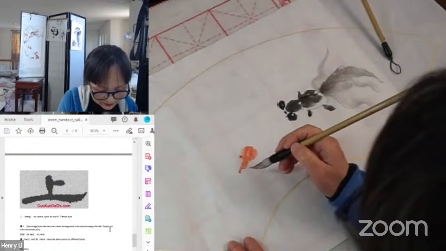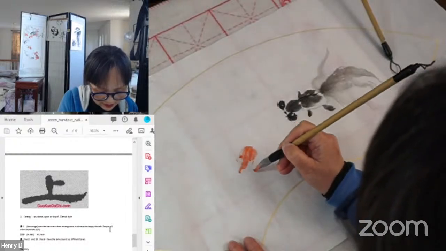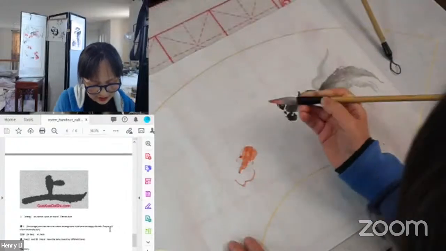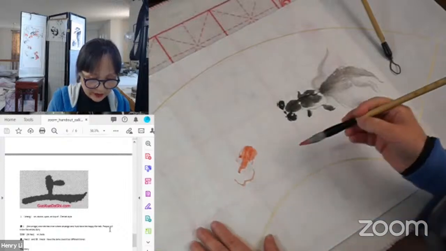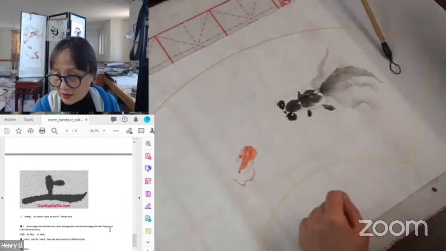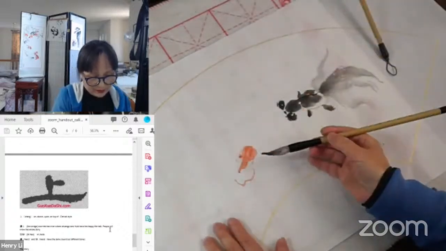Then here's the belly. And the tail is very subjective. I want some actual ink to blend with it.